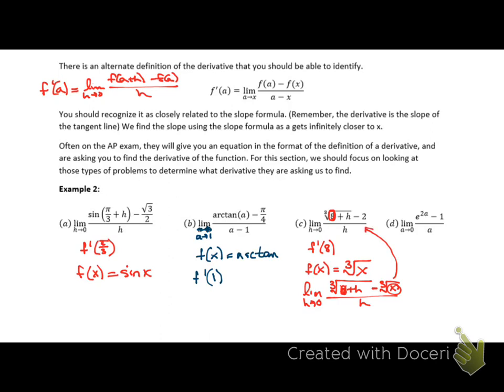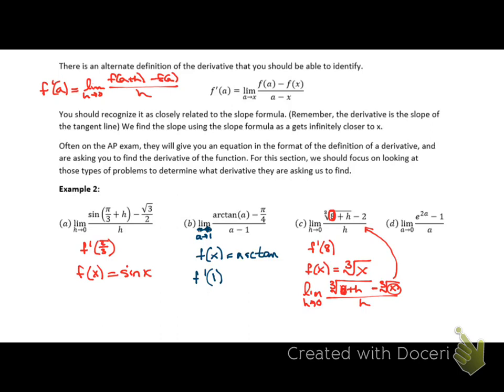And then for the last one, that is supposed to be a approaching 0. And this one's a little tricky. It could be either one, because there's only an a on the bottom. So we don't really know just by looking at it quickly. But you do know by looking at it, because in the equation e to the 2a, there's no a plus h.